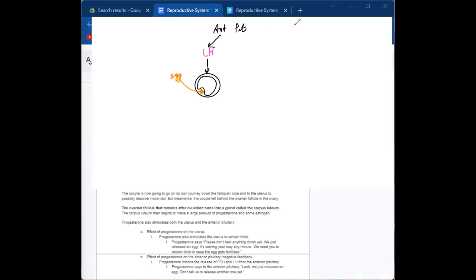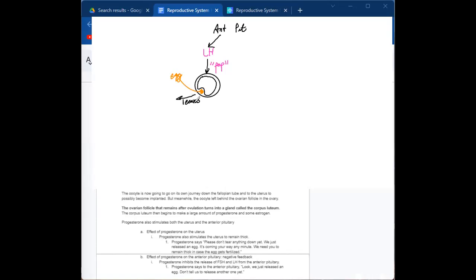The luteinizing hormone is going to tell the ovarian follicle to pop and release the egg. Then after that, the egg leaves the ovary.